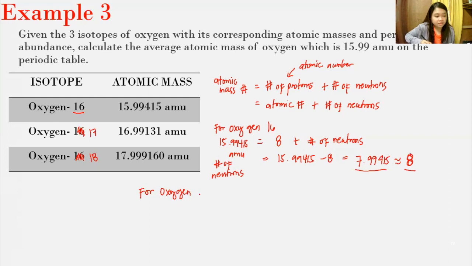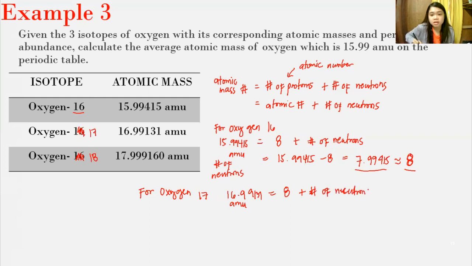So for oxygen 17, we do the same process. 16.99131 AMU is its atomic mass. We know the number of protons is 8, so we will calculate its number of neutrons.